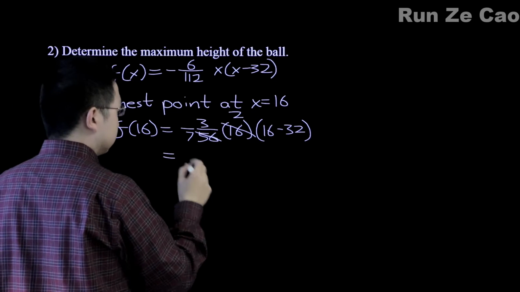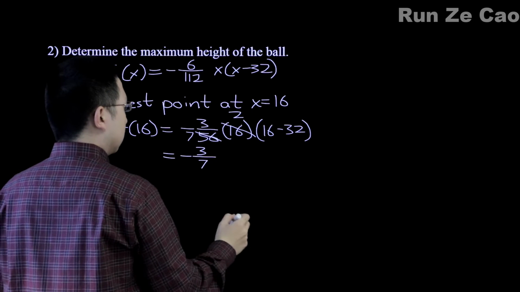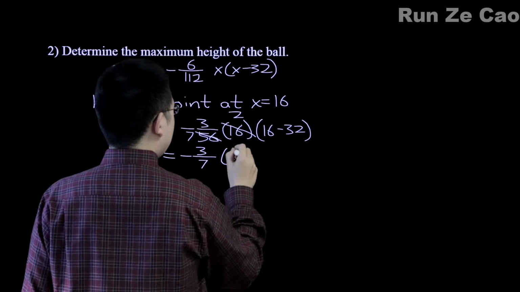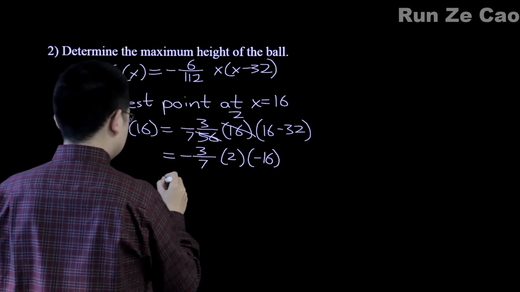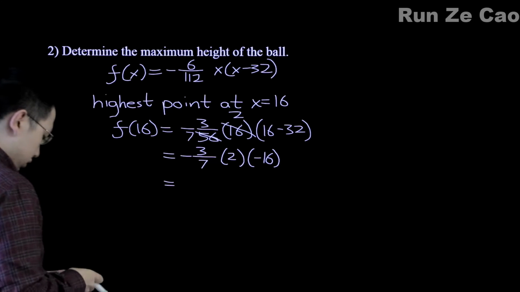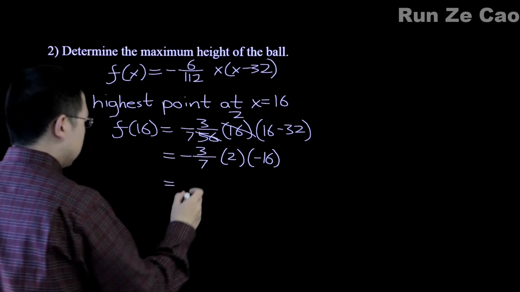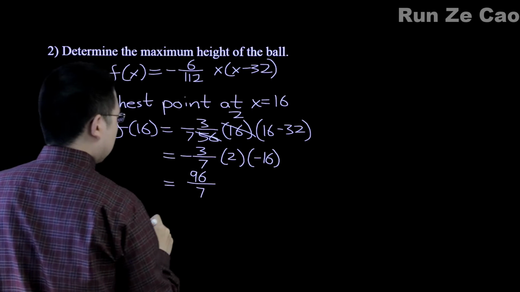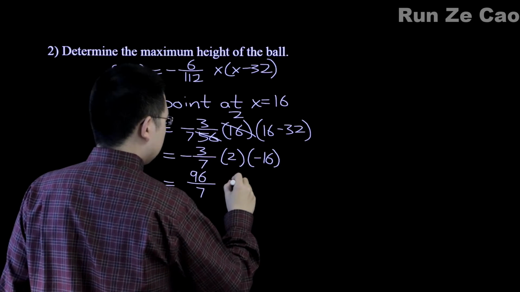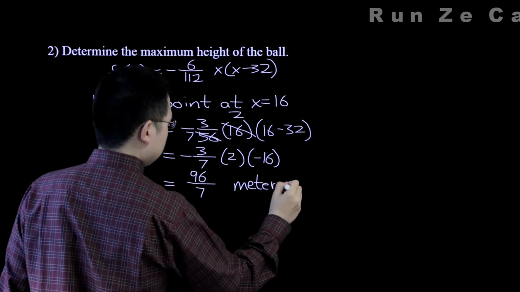And we get negative 3 over 7 times 2 times negative 16. So this is 32 times 3, so 96 over 7 meters.